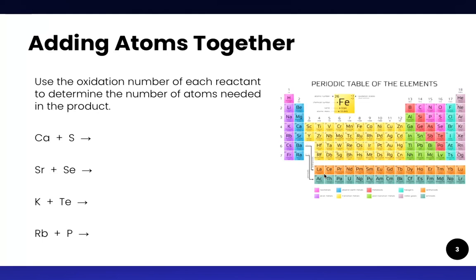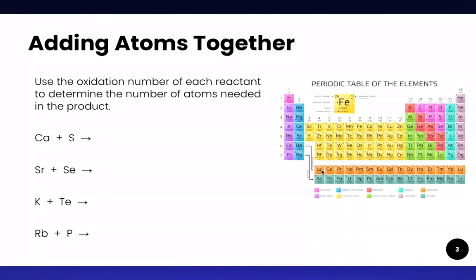Okay, for this exercise, I want you to have your periodic table of the elements handy, and we're going to use that to combine these reactants into products, and we're going to do that using oxidation numbers. These are ionic molecules, and those molecules always have a neutral charge.